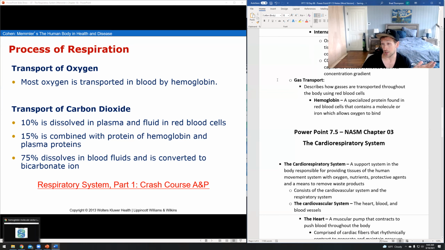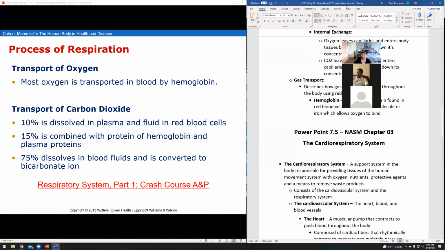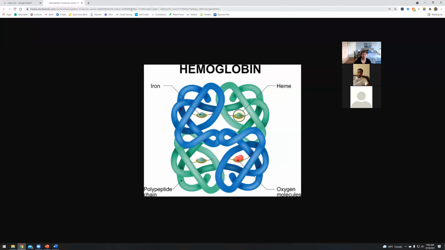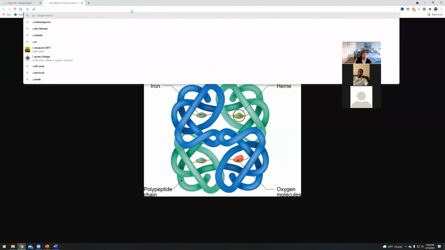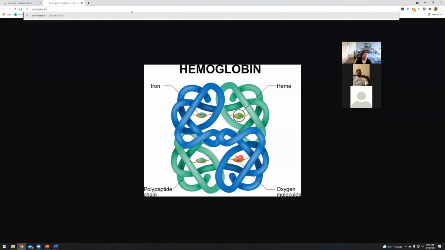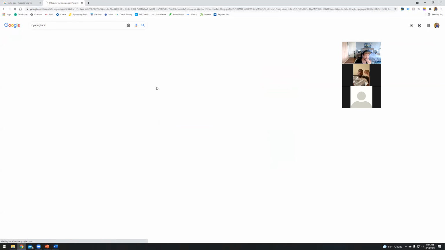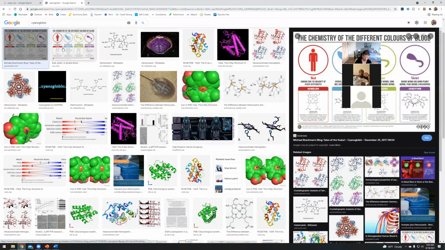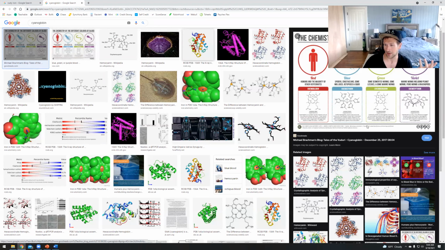By the way, there are other types of globin out there in the universe, which is kind of cool. There is, I can never remember the name of it, but cyaninoglobin. That's not actually what it is. Cyanoglobin, that's what it is. There's actually other animals out there that use other metals.